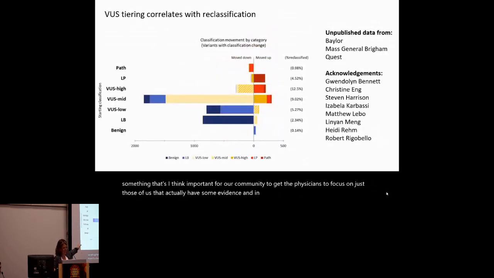And in fact, in some data that we're working on publishing, a bunch of labs, including my own lab that I used to direct at Mass General Brigham, along with Quest and LabCorp and Baylor, have all been using these sub-tiers, these subclasses, for like 15 years. One of the things we've found is that the VUS low category has never, over 15 years, gotten to likely path or path, any of those variants.